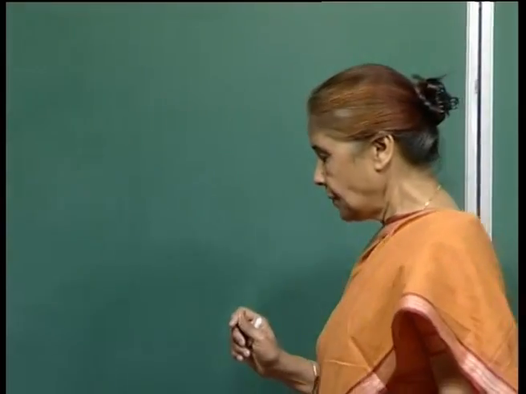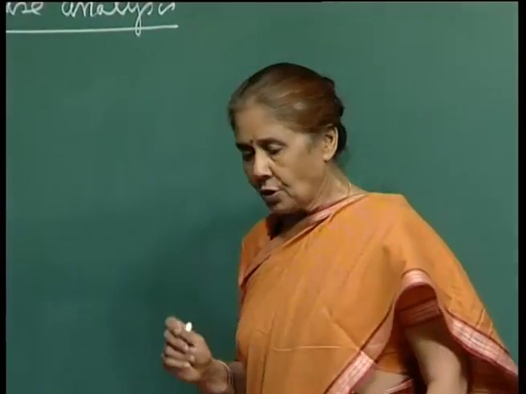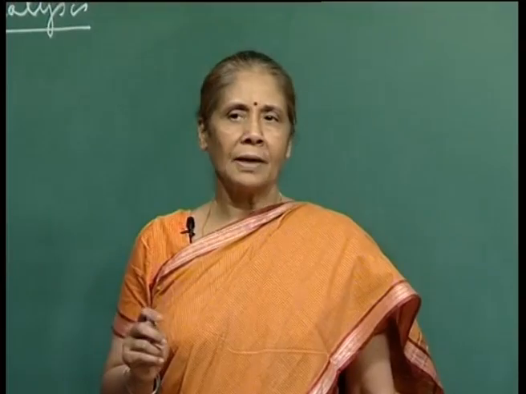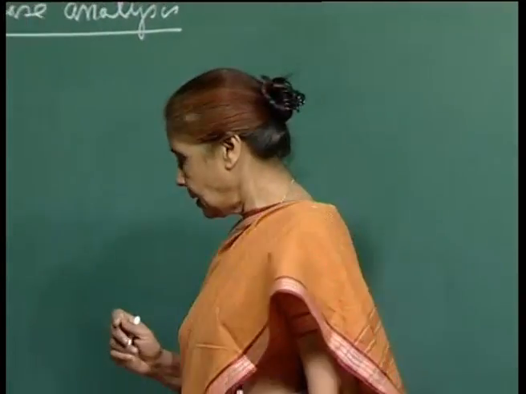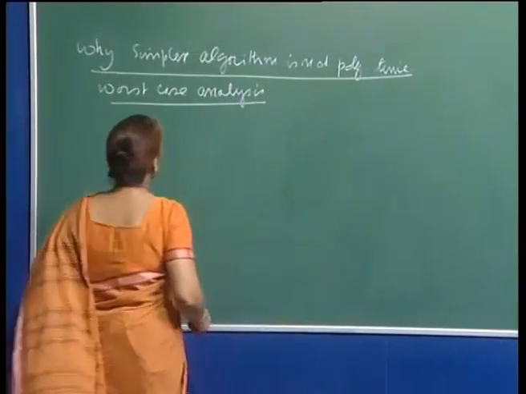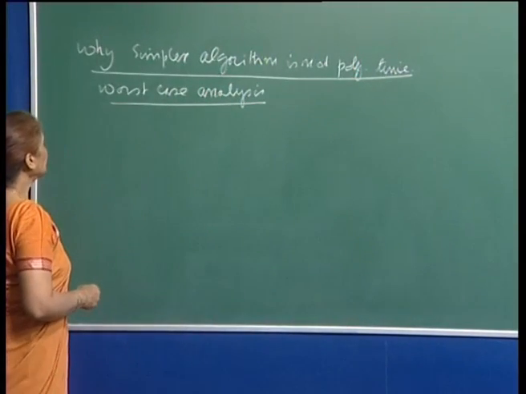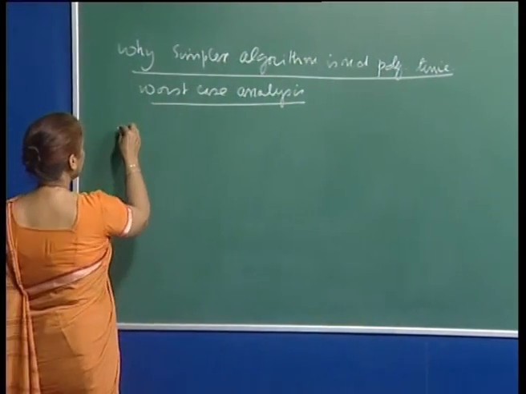So if the choice of the incoming variable is not specified completely, then if you want to do the worst case analysis here, you would have to do two things.